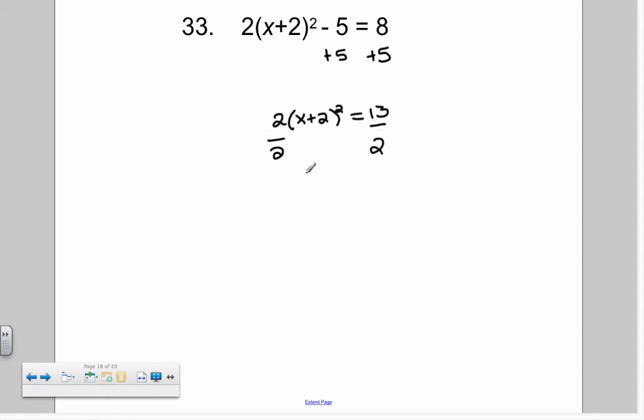Here I divide by 2, and I'm going to get x plus 2 squared equals, and then I'm just going to leave it as 13 over 2. Because if I divide it out, I get an actual decimal. And for right now, I want to just leave it as 13 over 2.